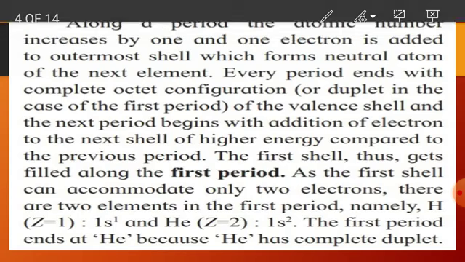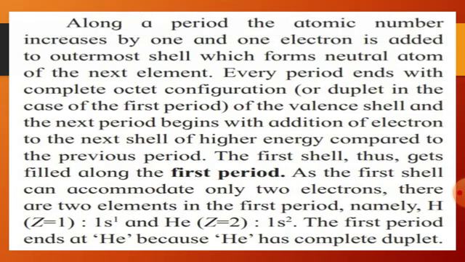So how many electrons are there in the outermost shell? Here 6 in 2p, plus 2 in 2s, it means 8. So here the octet configuration has been fulfilled. Similarly, for the other elements, in the third period, fourth period, fifth period, 6 and 7, the octet configuration has been completed.